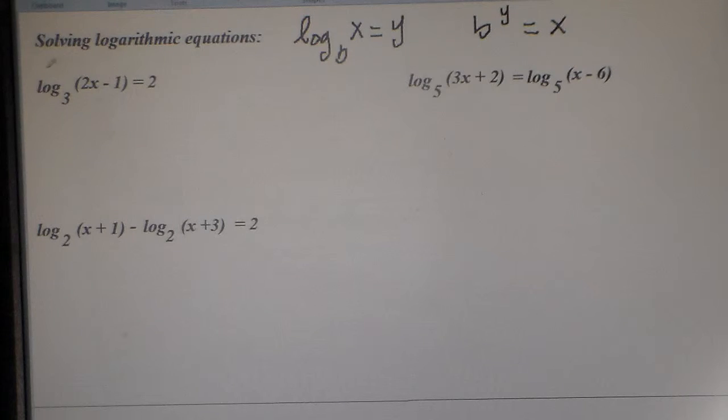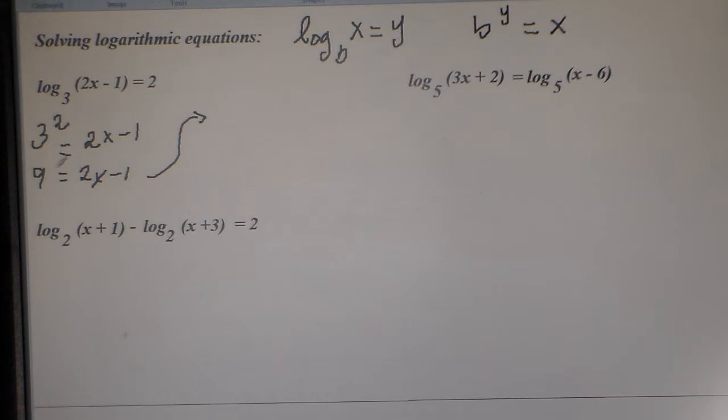Then using this same rule, we can rewrite this as 3 to the second equals 2x minus 1. 3 to the second would be 9 equals 2x minus 1.